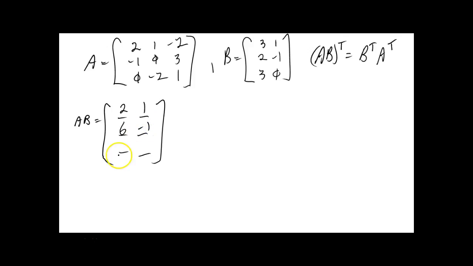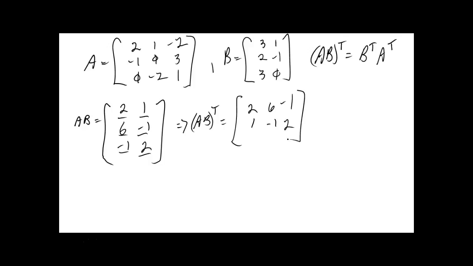Negative 1. Negative 1. 2. Okay? And one more thing we've got to do is transpose that. So AB transpose is what? 2, 6, negative 1 across.